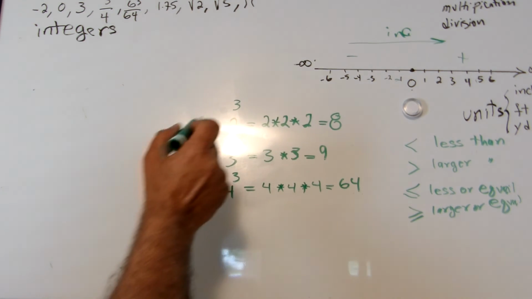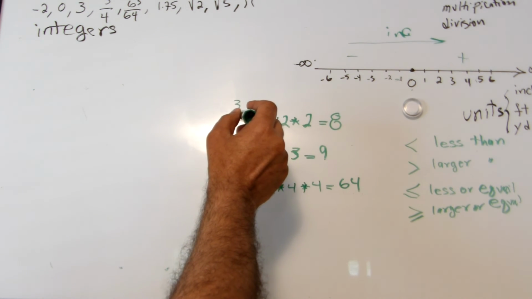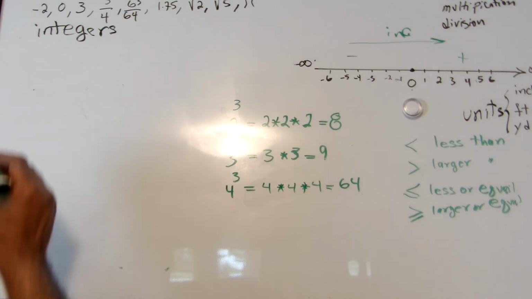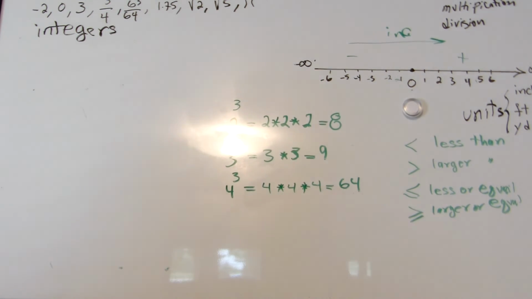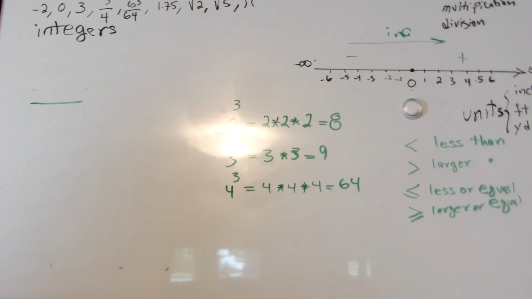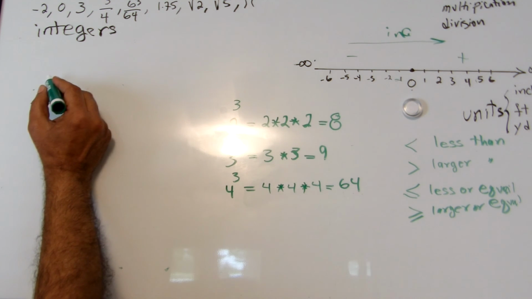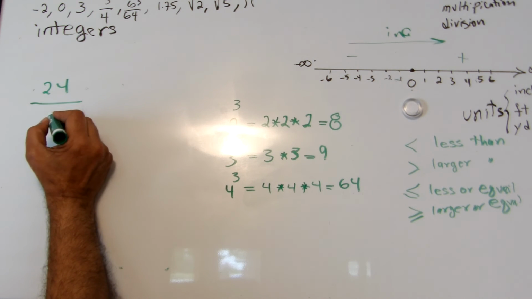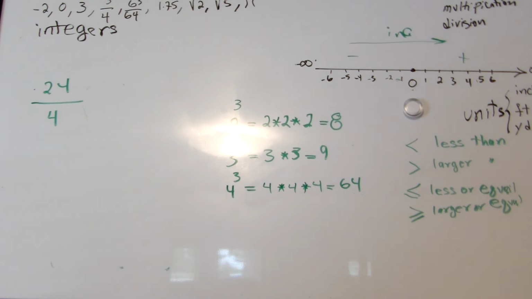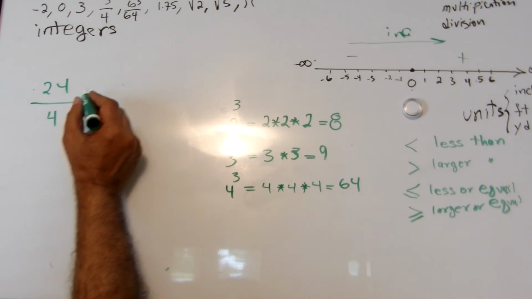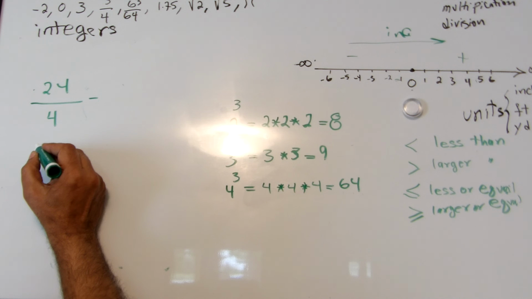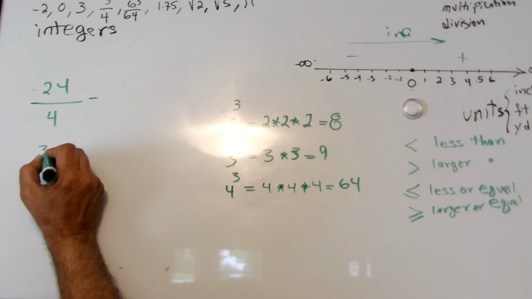So we learned about subtraction and multiplication of these integers, and we didn't talk about division. Okay, division of these numbers, like we have 24 divided by 4. Or sometimes we have a number that is 3 over 8.